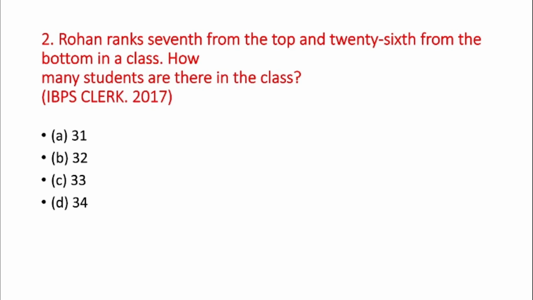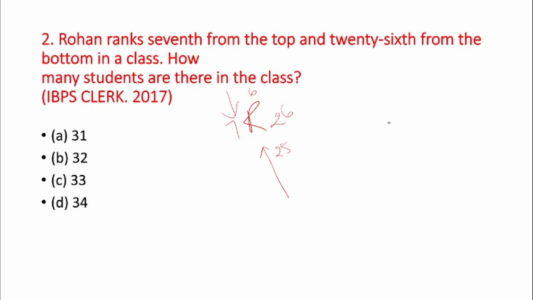So what exactly is given here is Rohan's position from the top: he ranks 7th from the top, so there are 6 people ahead of Rohan, and his position from the bottom is given as 26, right? That means there are 25 people behind Rohan. So we need to determine how many total students are there in the class.